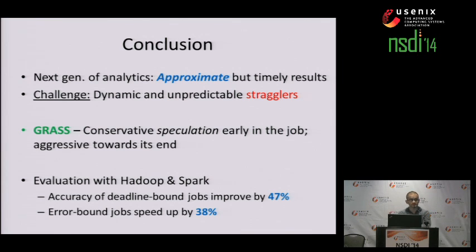Hey, nice work. Thanks. Have you looked into the possibility of killing off stragglers rather than waiting for them to finish? Yes, these things assume that at some point when you have two copies running and one of them is too slow, then at that point the slower copy is killed off.